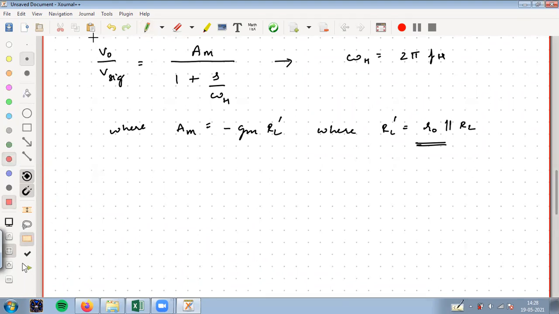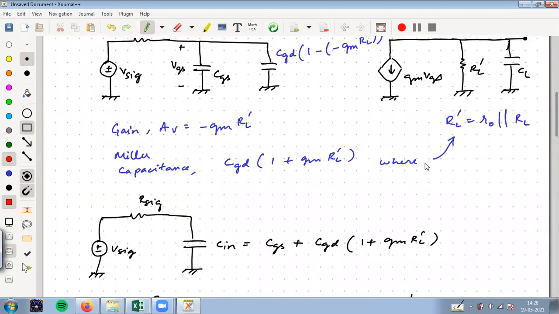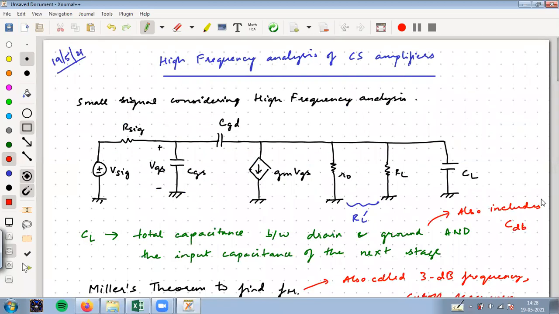This you have to keep in mind. Okay. Any queries still here? This is using Miller's theorem.